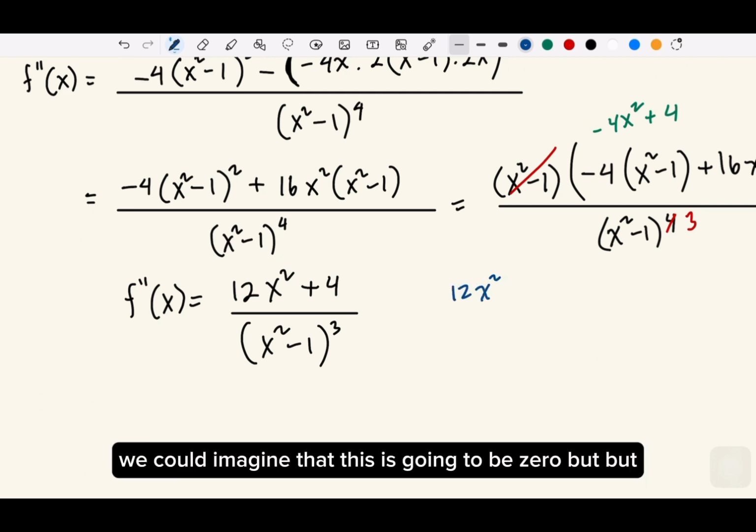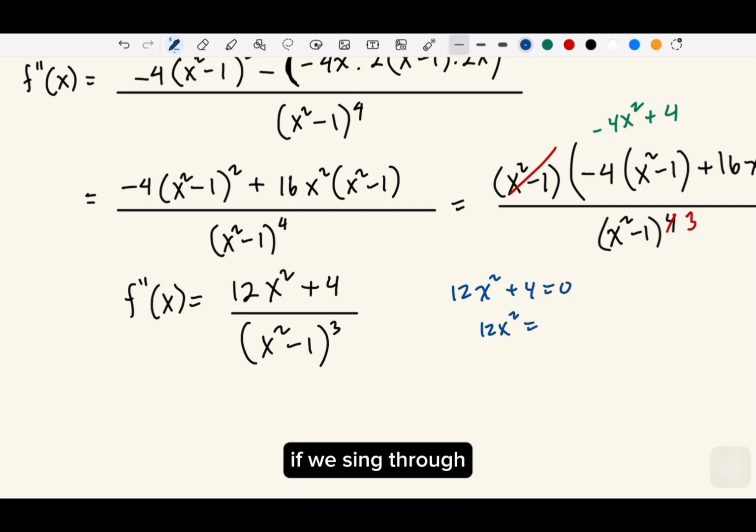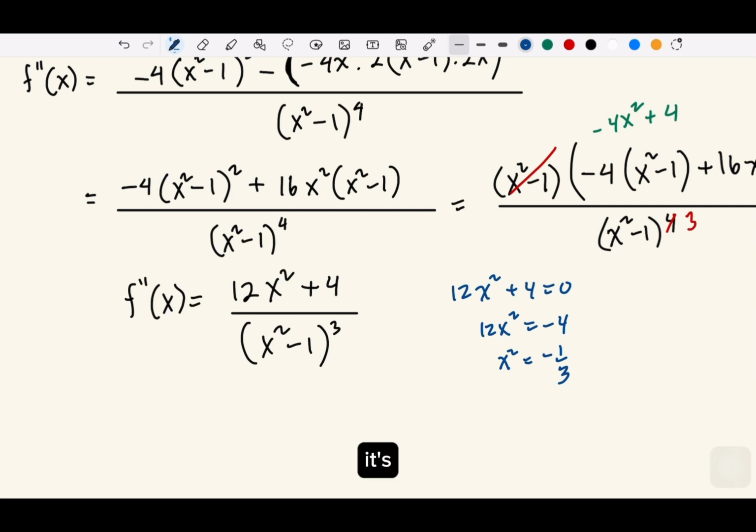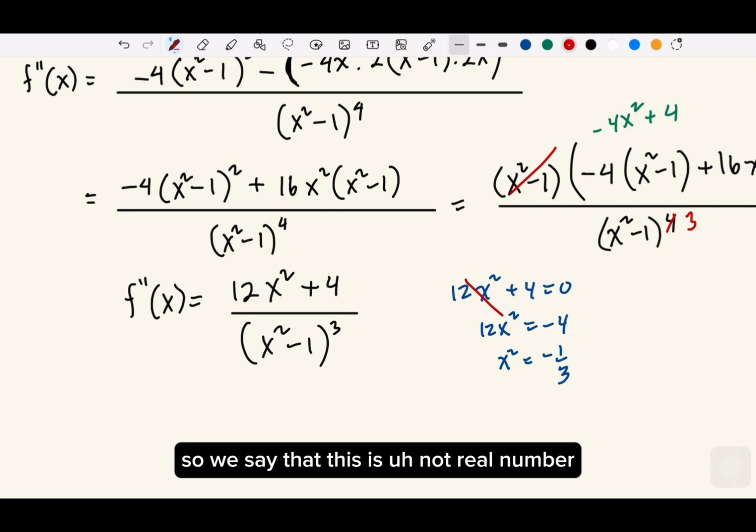We could imagine that this is going to be 0, but if we think through, it's negative 1 over 3. X squared equals negative 1 over 3. So it's okay because it's not a real number. So we say that this is not a real number.